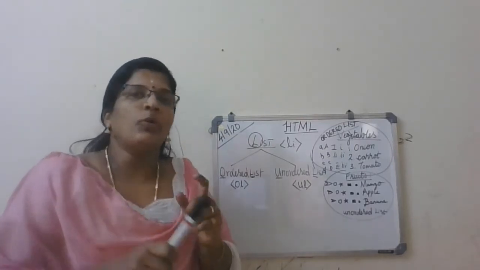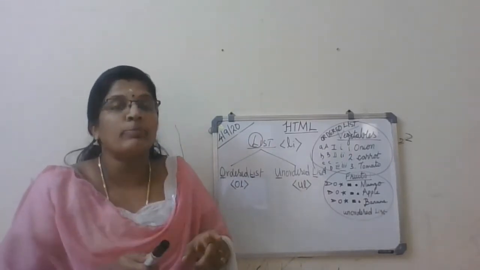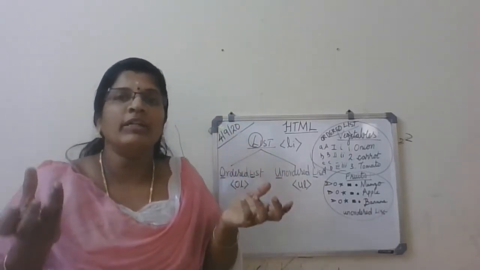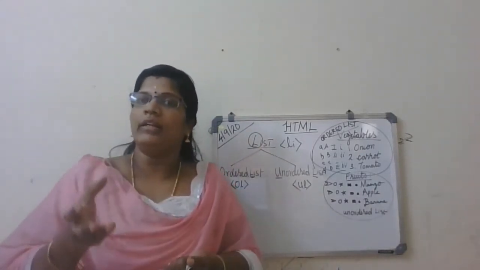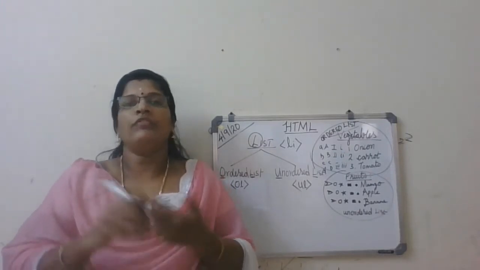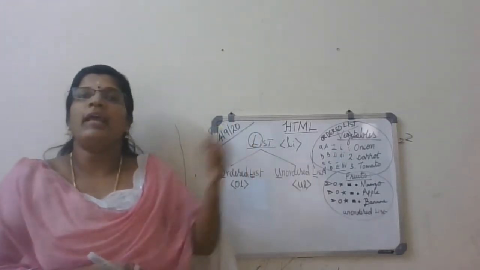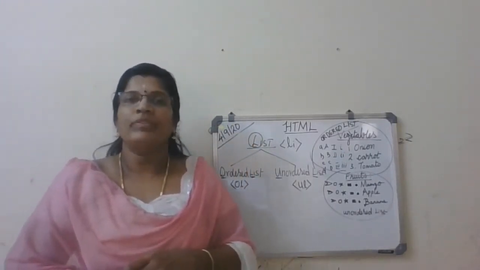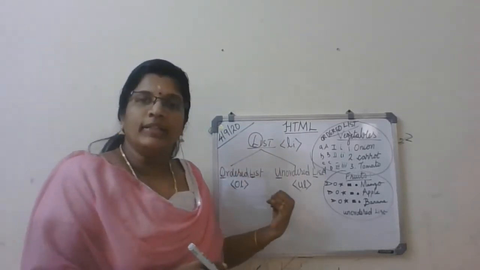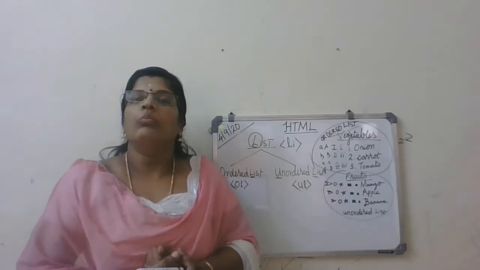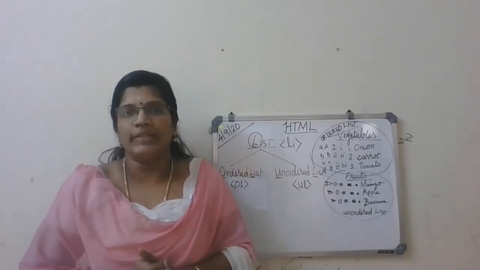You are not supposed to get confused or memorize. Whenever you want to create something, the clue word should come to your mind. Ordered list, it's OL. Unordered list, UL. List, LI. Okay, fine. So if you give OL or UL, what type of numbers will you get?